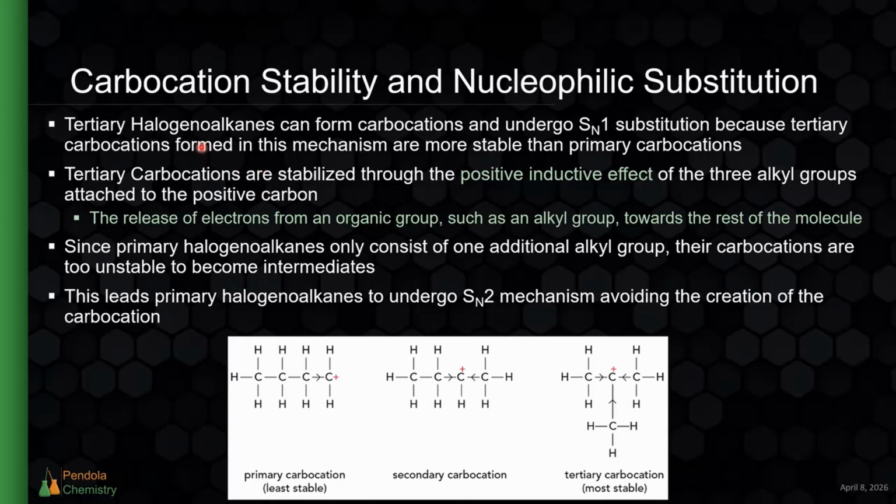Why is that the case? Carbocations formed during the mechanisms are going to be subject to what we call the positive inductive effect. The positive inductive effect in the carbocation is the release of electrons from organic groups, like an alkyl group, like a carbon, towards the rest of the molecule.